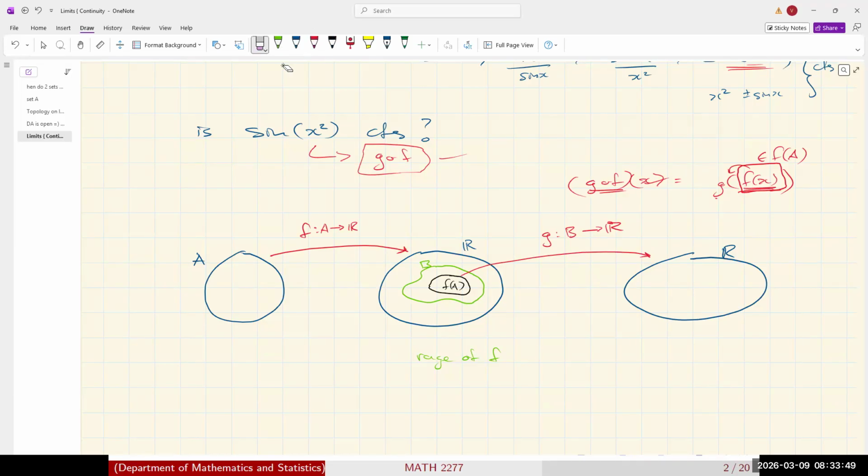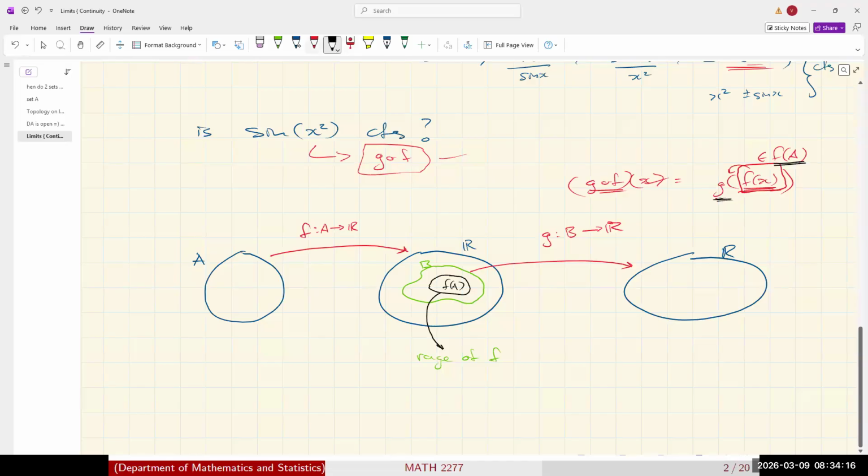Right? Okay, good. So the range of f, whatever comes out from f, better be able to be plugged into g, which means that the range of f better be in the domain of g, which is what this function is saying.